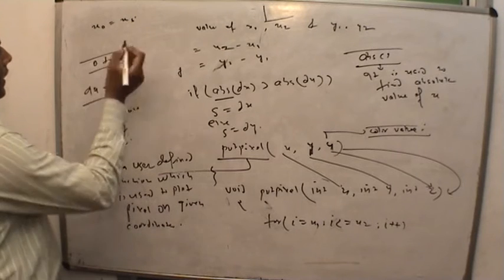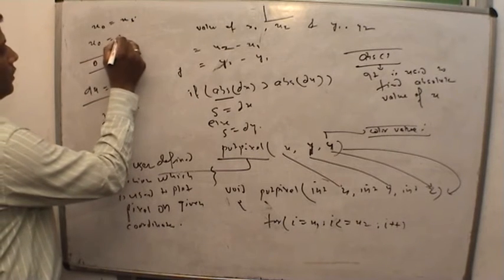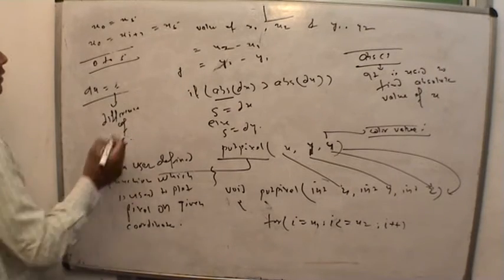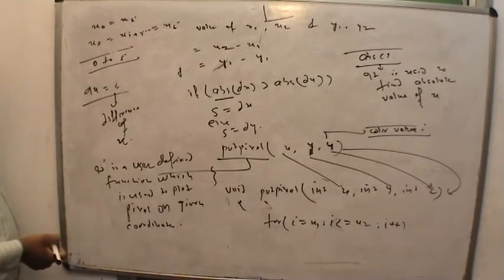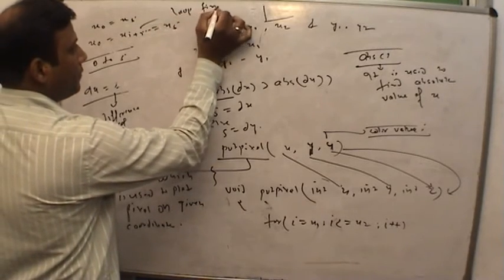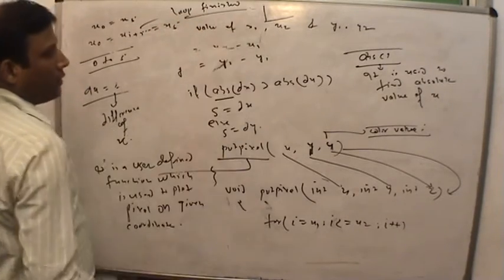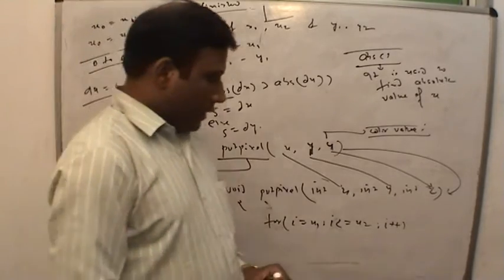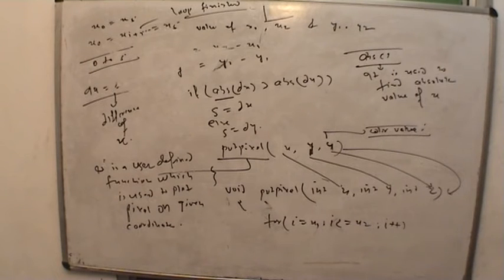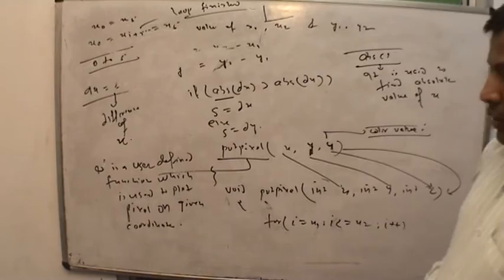So when xi plus 1 is equal to x5, then the loop is finished. And after that we get the finished value, and we get the line according to DDA.